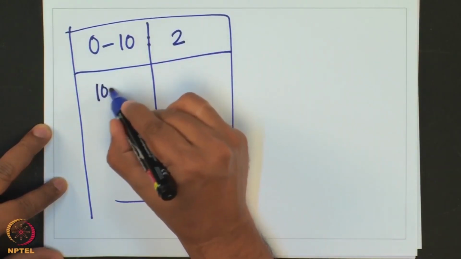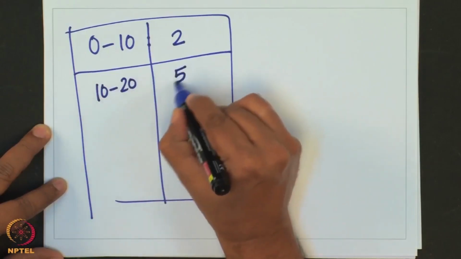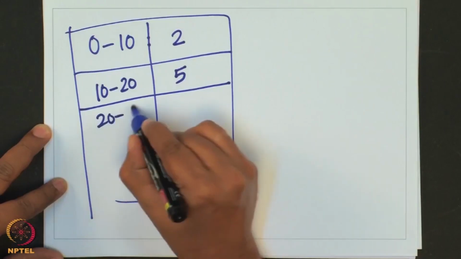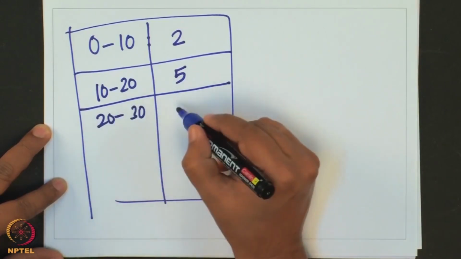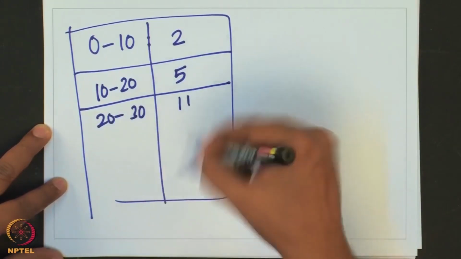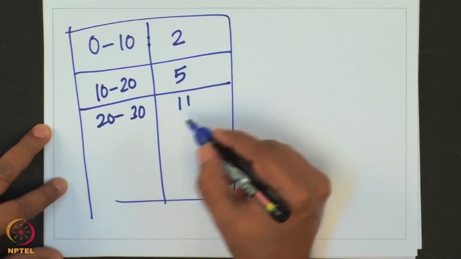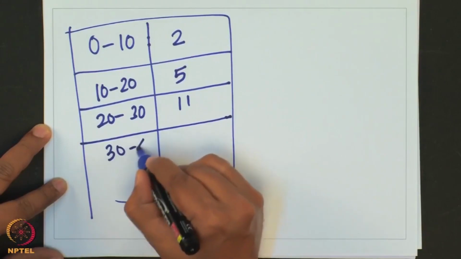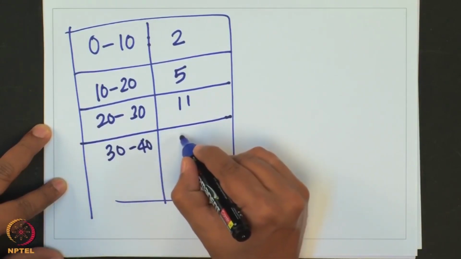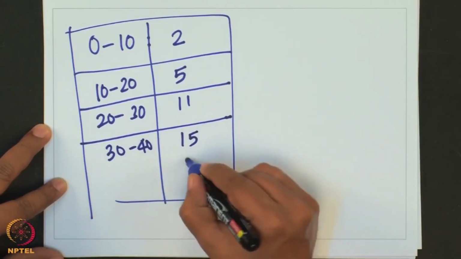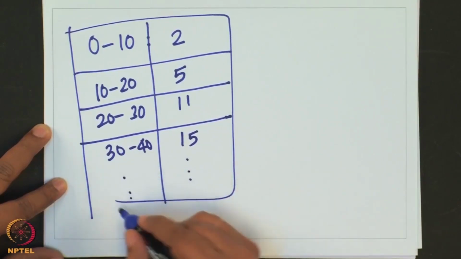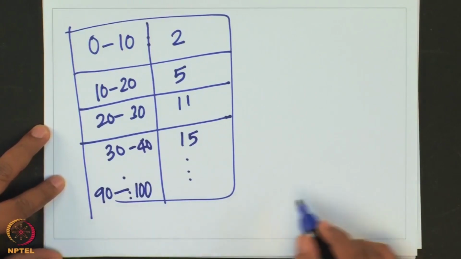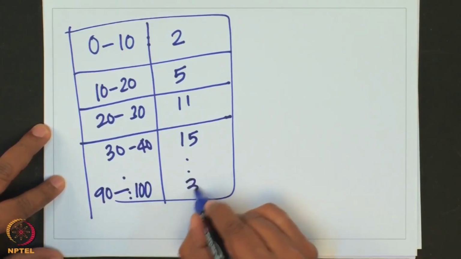And how many of them are between 10 and 20? Let us say 5. Then you could ask how many are between 20 and 30. There are 11 numbers out of all those numbers. And how many are between 30 and 40? There are 15, and so on and so forth. Finally, you ask how many numbers are between 90 and 100, and you would get 3.